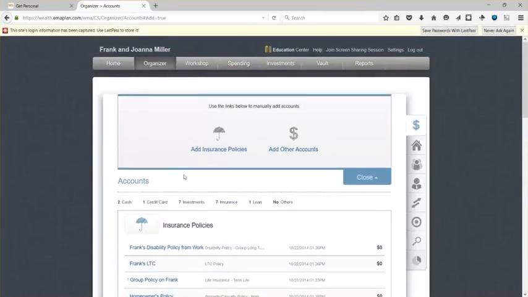Now, were this not a sample client, above this link to manually add accounts, where you would add an insurance policy or an investment account or bank account, there would be a place to put in the type of account and the name of the financial institution. Then you would be prompted to put in the web credentials that you use to log into that financial institution. So if you had a bank account at Chase Bank, you would start typing JP Morgan Chase, and it would find JP Morgan Chase.